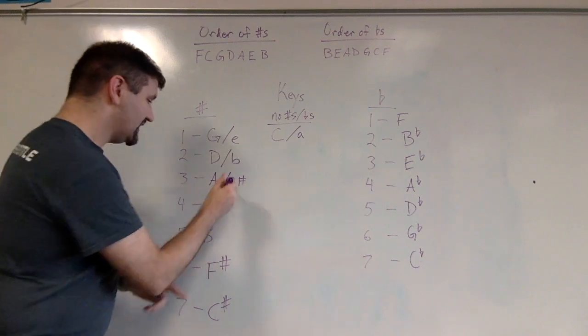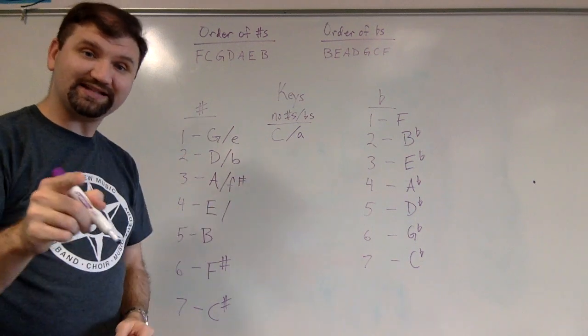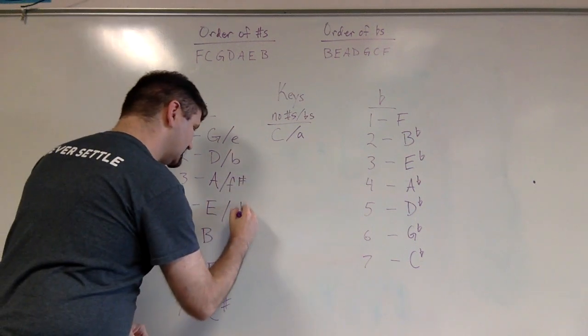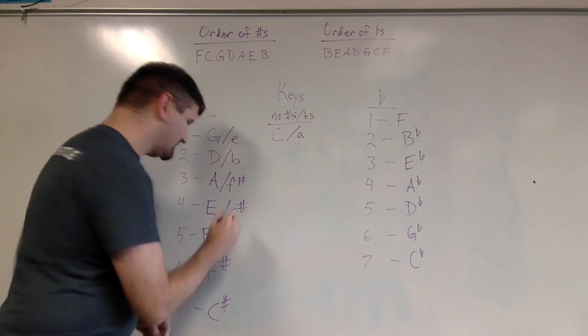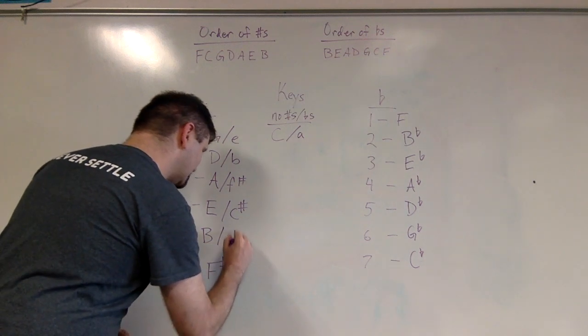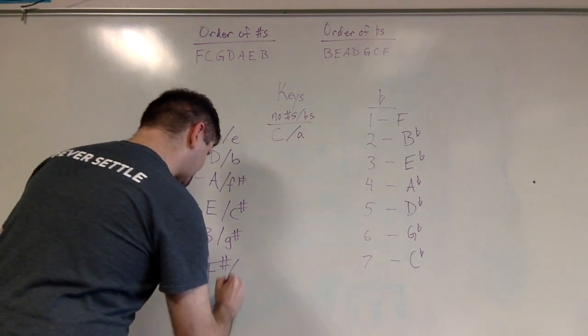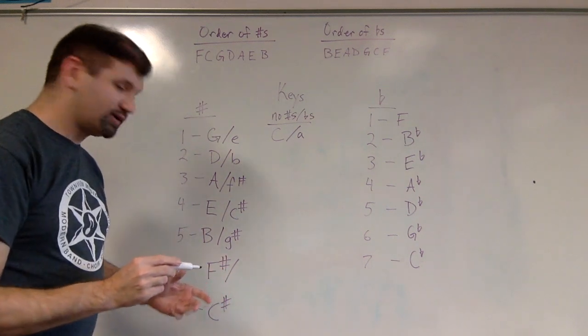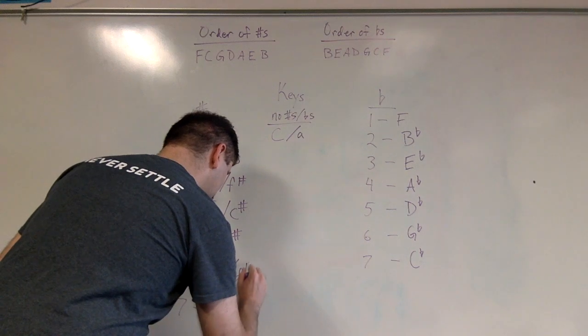Let's continue on. If we count up from F sharp to the 5th note in that scale, we get C sharp. And if we count C sharp up to the 5th note in that scale, we get G sharp. And G sharp up to the 5th note in that scale is D sharp.